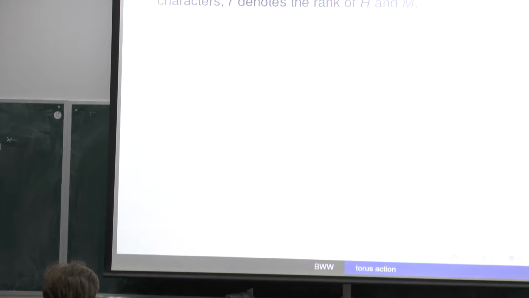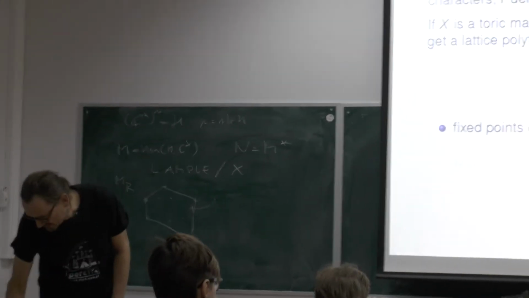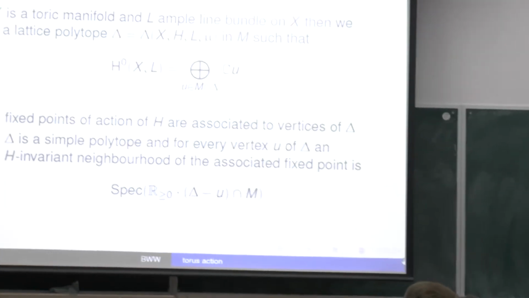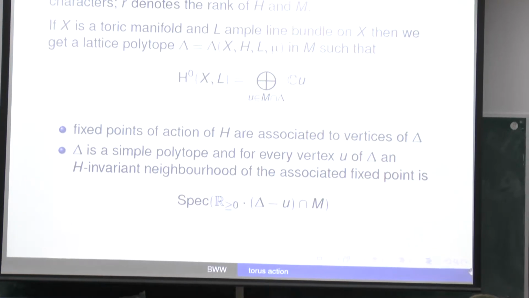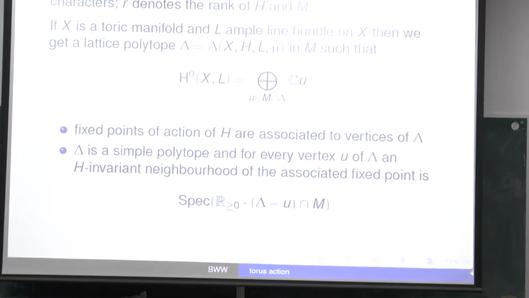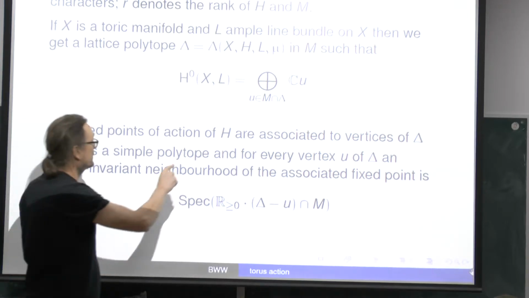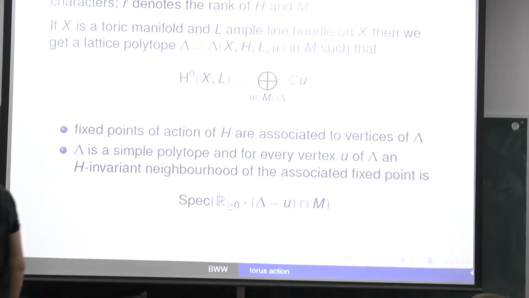The lattice points inside are eigenweights. The lattice points here are the eigenvalues of the action of the torus on the space of sections of this L. So what sits inside is H^0(X, L), but divided neatly into one-dimensional eigenspaces.